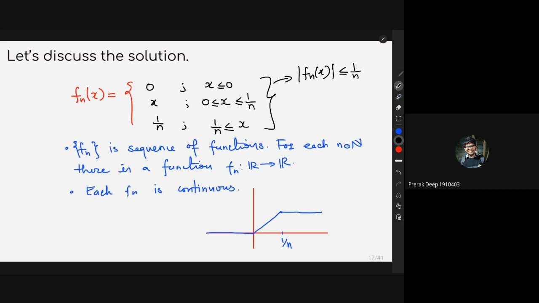Because if x is lying below 0, then the function is 0, so it is smaller than 1 over n. If x is lying between 0 and 1 over n, then it is again smaller than or equal to 1 over n, and if it is above 1 over n, it is equal to 1 over n. So in each interval, it is smaller than or equal to 1 over n.